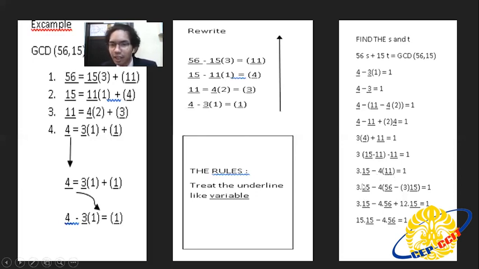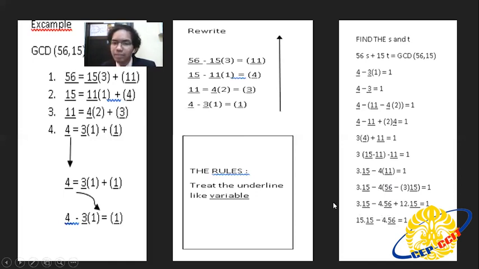In the next step is 3 times 15 minus 4, so this is 11, this is variable of the 11, so 4 under column is 56 minus 3, and underline is 15, so this is the times like rainbow like usual. 4 times 56, and we have minus and minus, we change it to the positive, and we have 4 times 3 is equal to 12, and 4 and 12 times 15, so we have this.